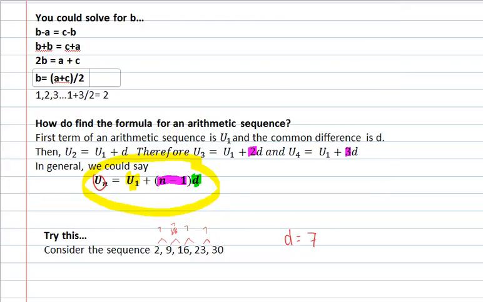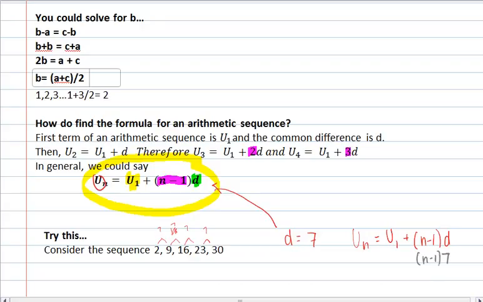If we were to insert this into the general formula that we found up above, we could say that you can find whatever term you want by adding our first term plus n minus 1 times our difference. Now we know what our difference is. Our difference is 7, still n minus 1.